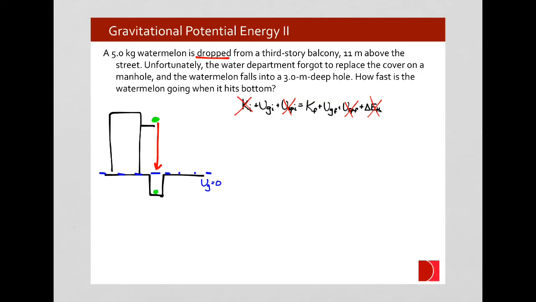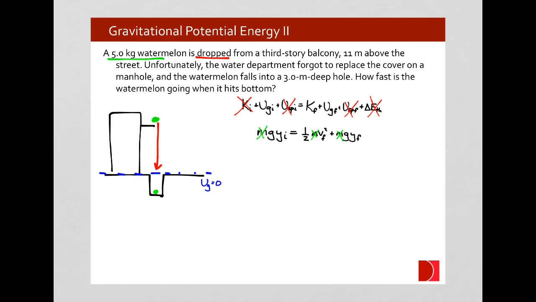In this situation, we can rewrite our conservation of energy then as the gravitational potential energy at the beginning, and then the kinetic energy and the gravitational potential energy at the end. We're given the mass of the watermelon, but we notice, as happens quite often, there's a constant factor of mass in our equation, so we don't actually need to know what the mass of the object is.